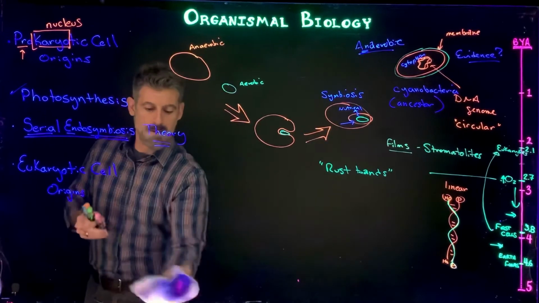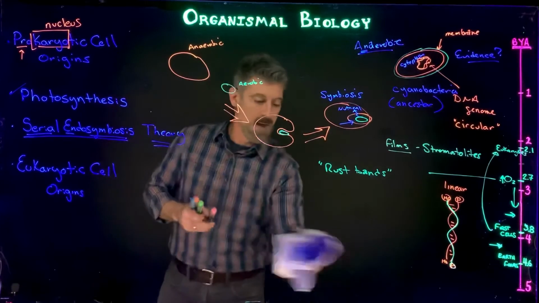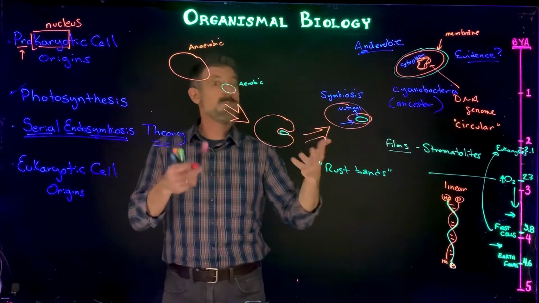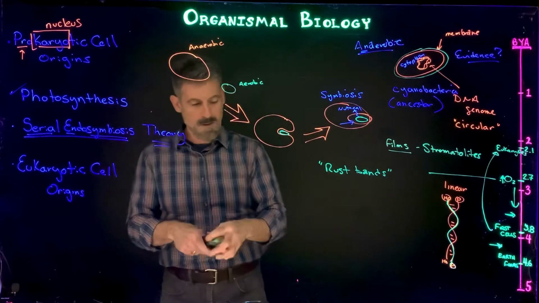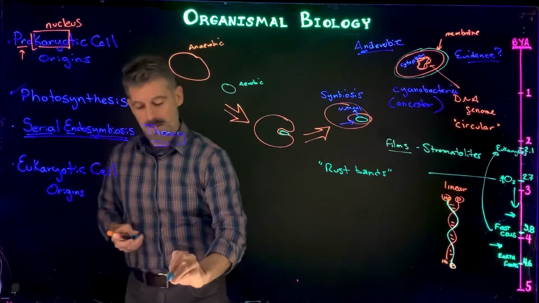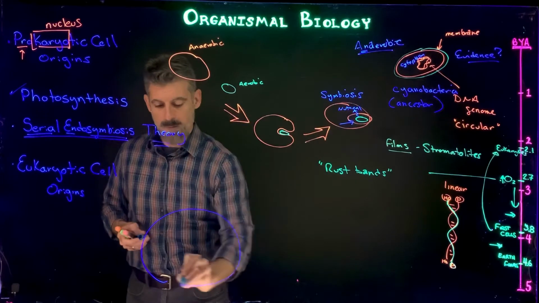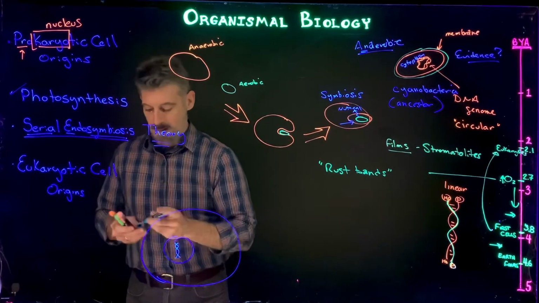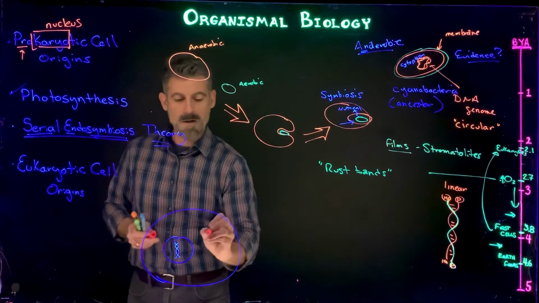Well, there are a number of things that we can look at that can point to this being the way that it actually occurs. So if we look at one of our cells, a human cell, and we have our own nucleus with our DNA in it and so on, and we have within ourselves mitochondria.